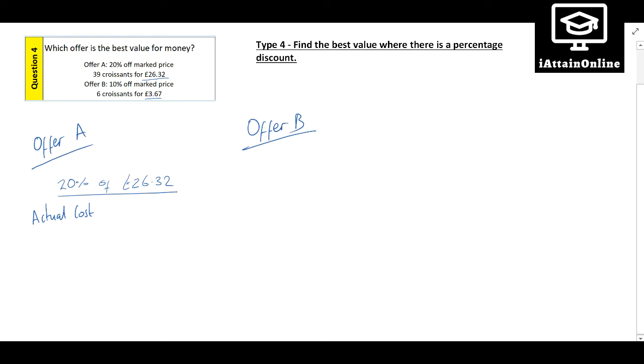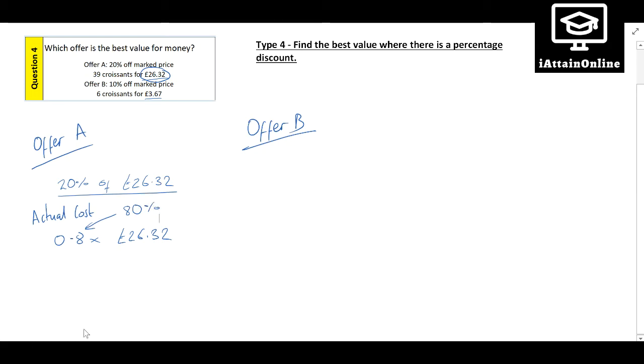Remember, decreasing an amount by 20% is the same as finding 80% of that amount. So you could either find 20% of £26.32 and then take that away from £26.32, or I'm going to find 80% of £26.32, and 80% as a decimal is 0.8.